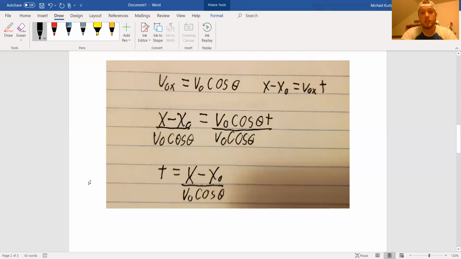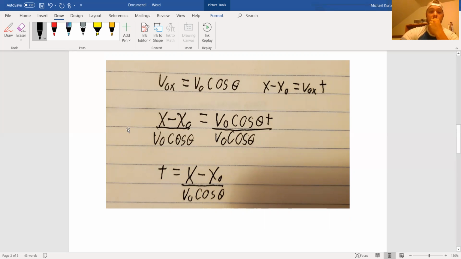Our first equation is the initial velocity in the x direction equals the initial velocity times the cosine of our given angle. And our other equation is our final distance in the x direction minus the initial distance in the x direction equals the initial velocity in the x direction times time.